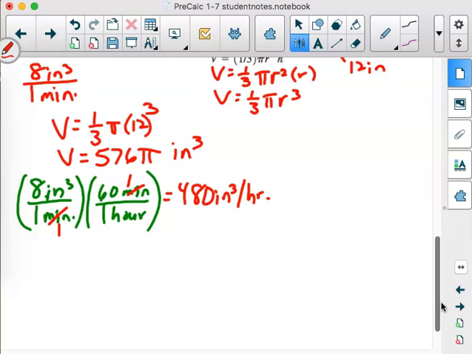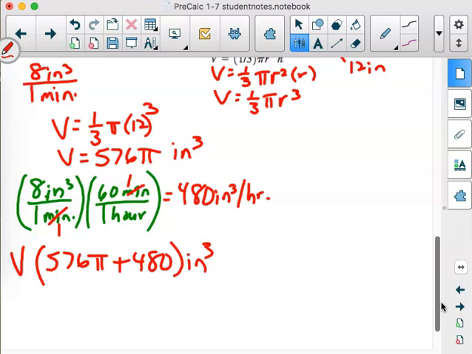And then more has leaked out. In fact, 480 cubic inches have leaked out in that hour. So the volume is now going to be 576 pi plus 480 cubic inches. All right, so an hour from now, that's how much grain is in there.